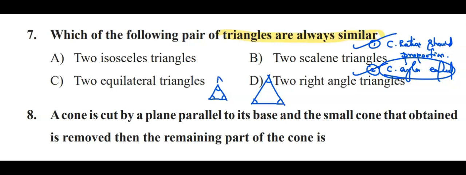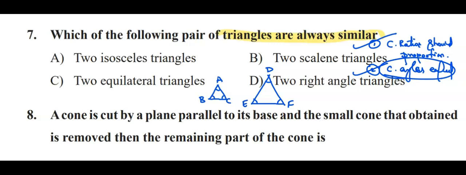It means that angle A should be equal to angle D. Angle B should be equal to angle E. Angle C should be equal to angle F. This is called corresponding angles are equal. If you want to call any triangles similar, then the first important condition is the corresponding angles should be equal. And next, corresponding sides should be in the same ratio.